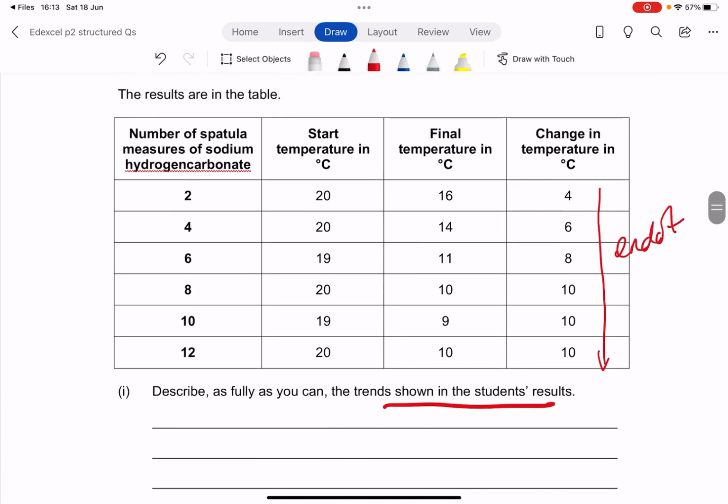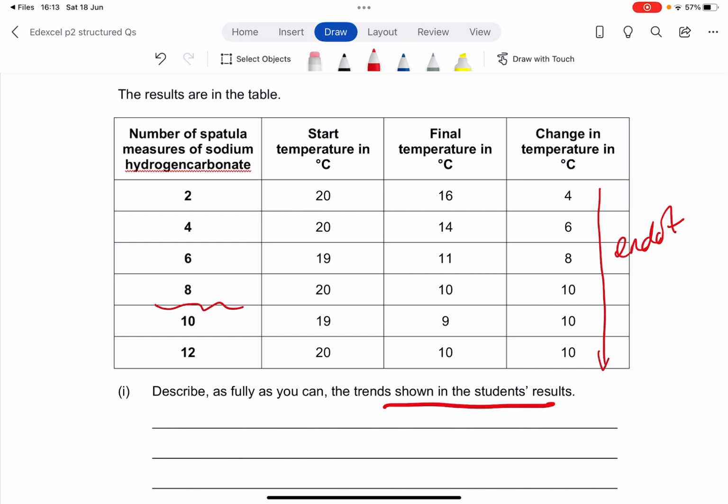So the simplest trend is that the reaction is endothermic because as you add sodium hydrogen carbonate, the final temperature drops. The greater the amount added, the bigger the drop, up until 8 spatulas.